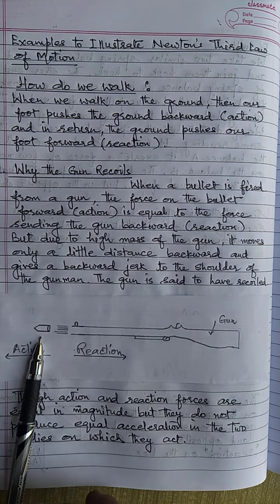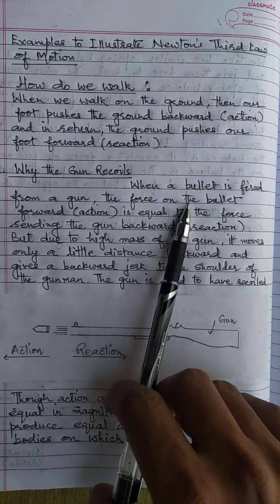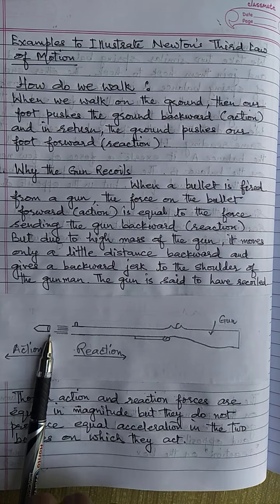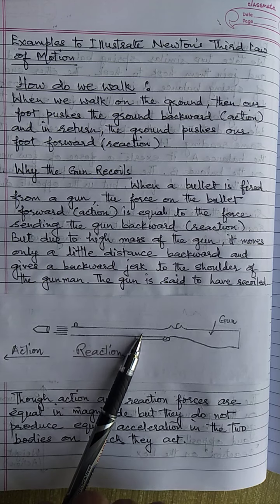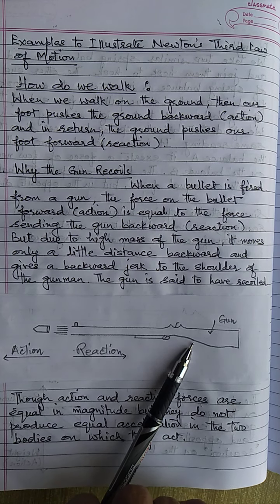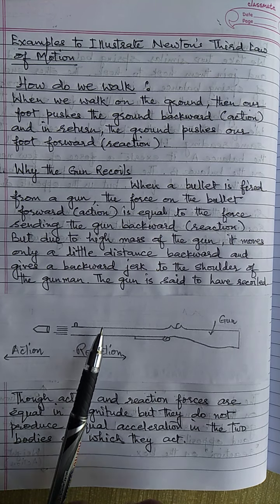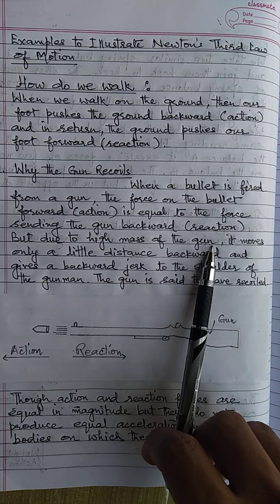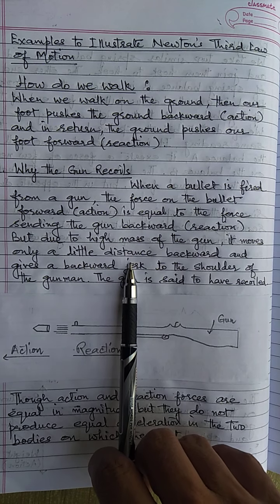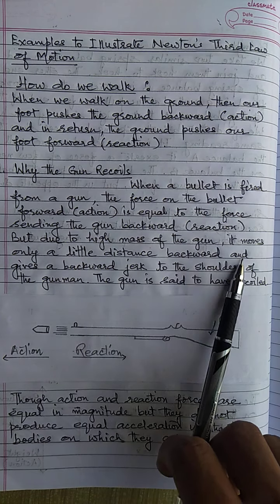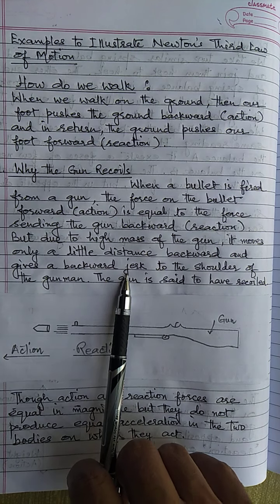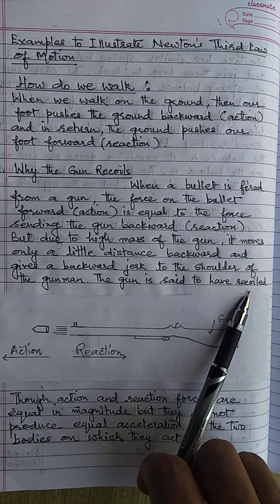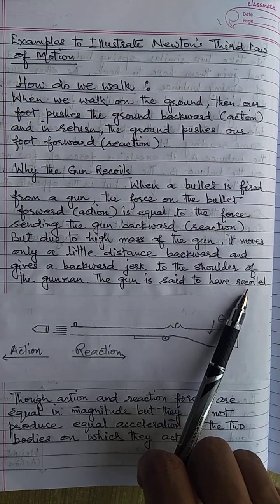The force on the forward moving bullet is the action force, and in return the bullet exerts a force on the gun in the backward direction, that is the reaction force, sending the gun backward. But due to the high mass of the gun, it moves only a little distance backward and gives a backward jerk to the shoulder of the gunman. The gun is said to have recoiled. So this is the recoil of the gun.